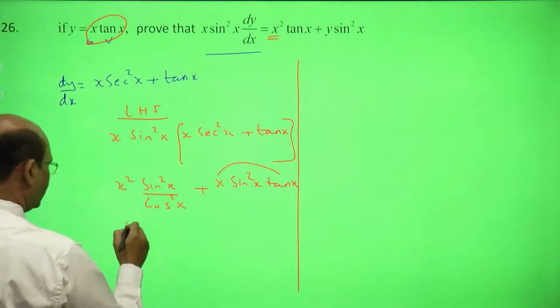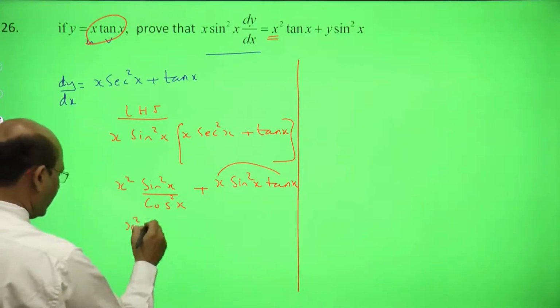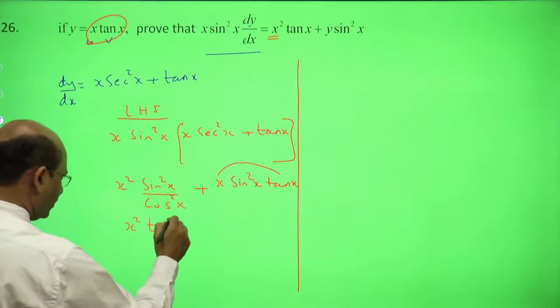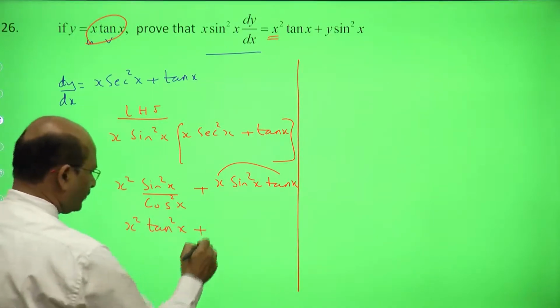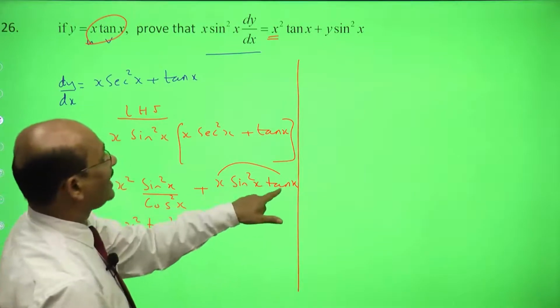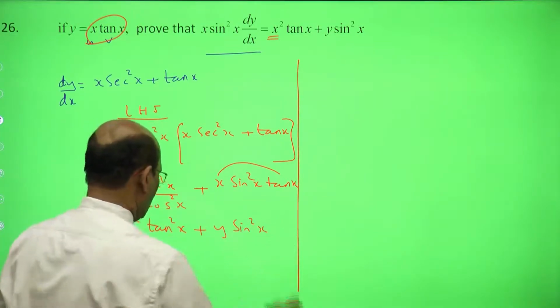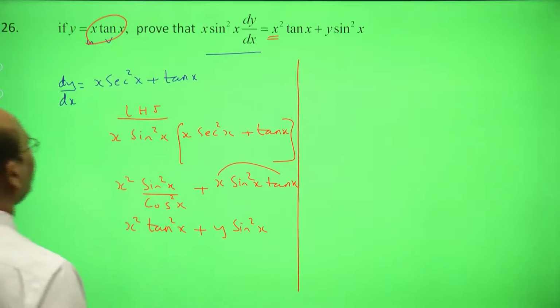So here in this case I am getting x square tan square x plus, x tan x will become y sin square x. Oh, there is a possibility of some error in the proof.